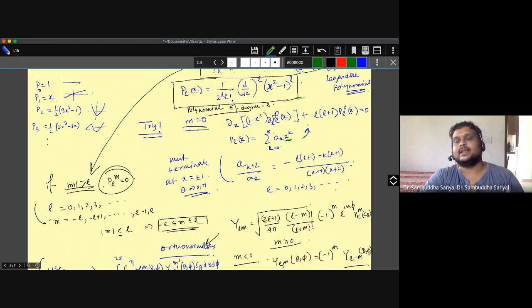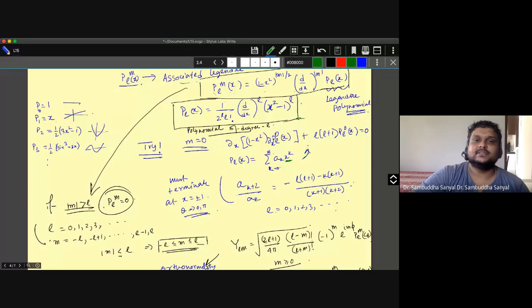So now we realize that m has to be an integer, L has to also be an integer, but there is a relation between L and m, because the solution of this equation has the mth order derivative on an Lth order polynomial.